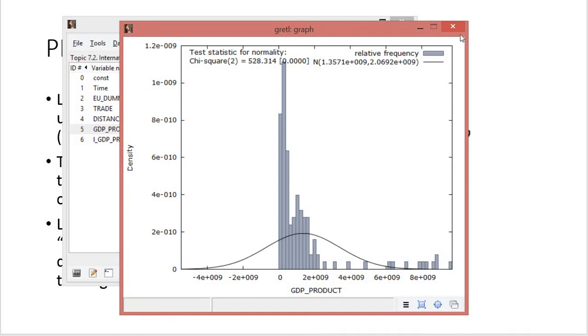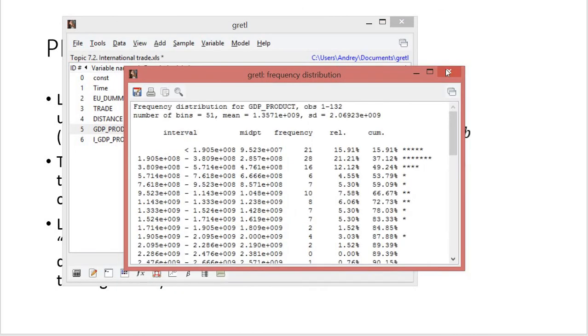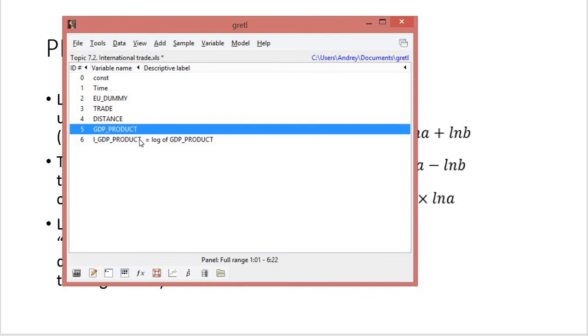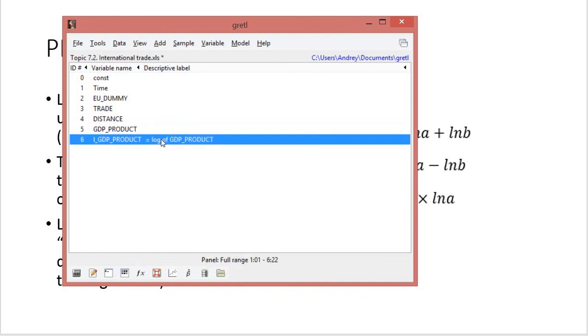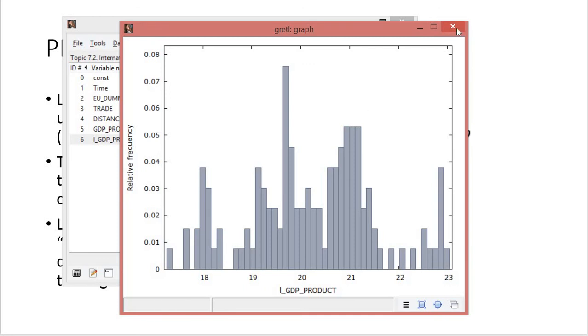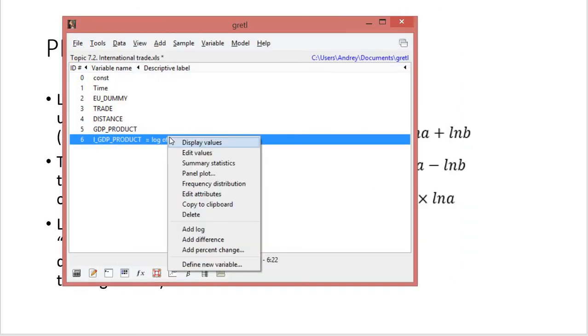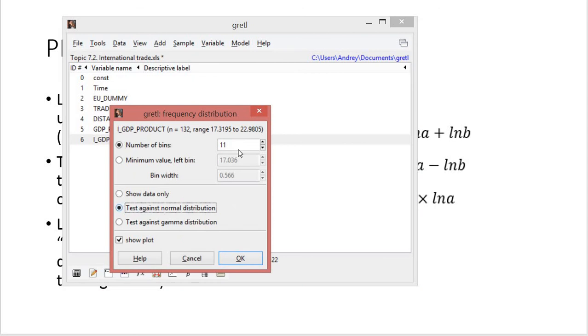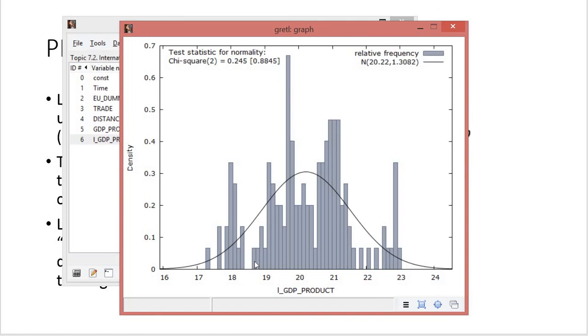So again, when we take just the GDP product, it's not normal, definitely, based on visual assessment and the result of the Jarque-Bera test. And now, when we analyze the frequency distribution of the natural logarithm of GDP, my bad, I actually did not add the test against normal distribution. So here we are. Still, this distribution does not look like a perfect normal one.